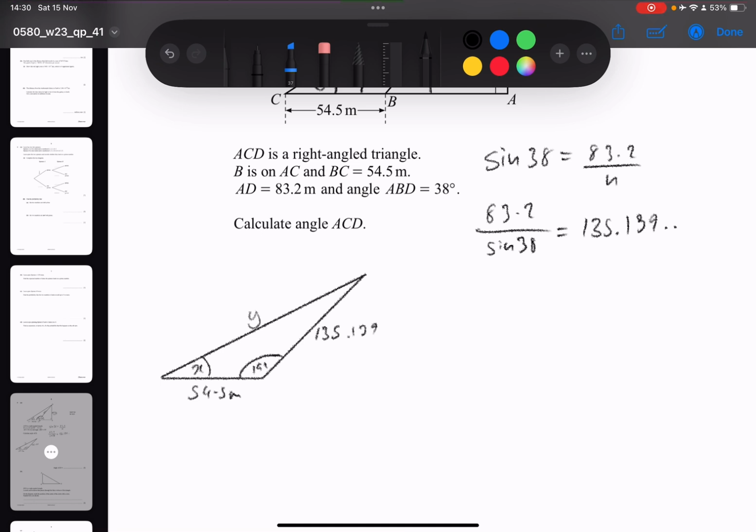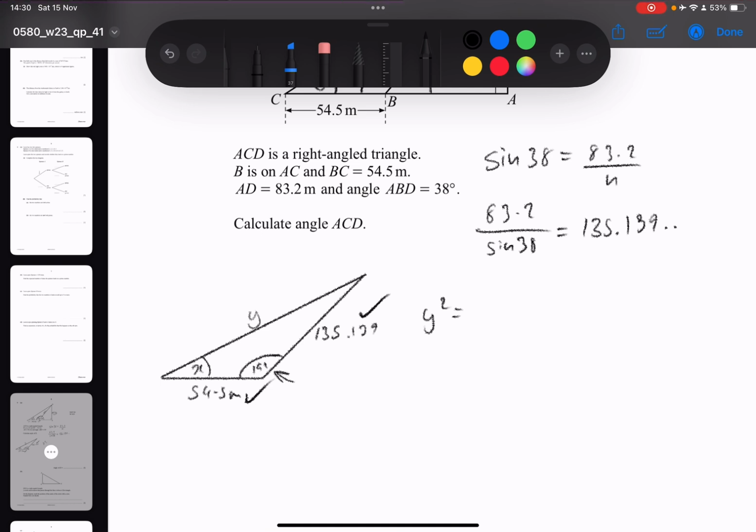Now, remembering our cosine rule, we can look back at it, of course, because you'll have that given to you in the formula sheet. So we can say y squared is equal to this squared plus this squared minus 2 times this times this multiplied by the cosine of this angle.